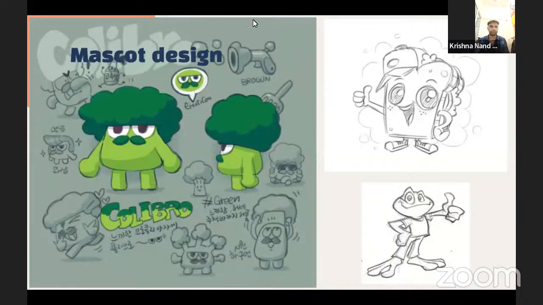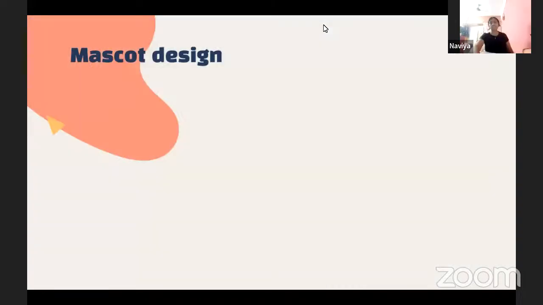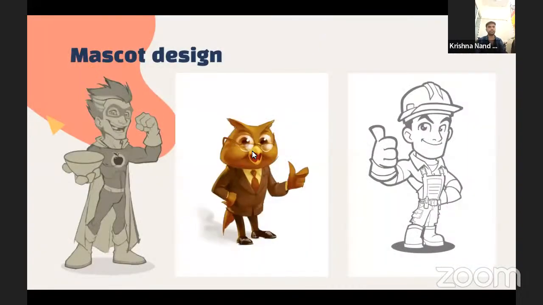Got it? Okay. So there are some examples over here for you, right? This is inspired from which category? This one, the first one, left one. You can see my cursor. From where?